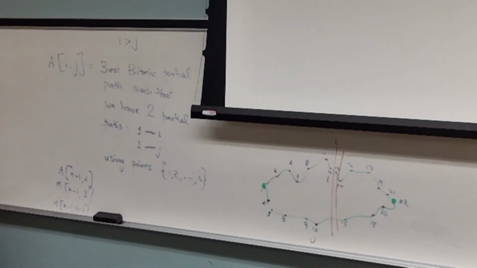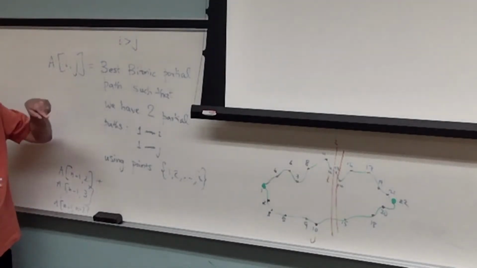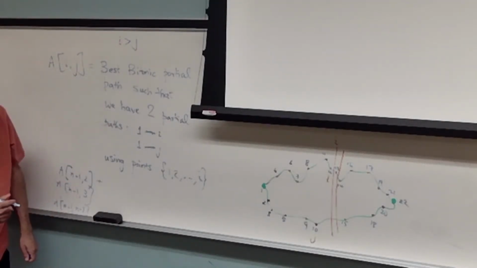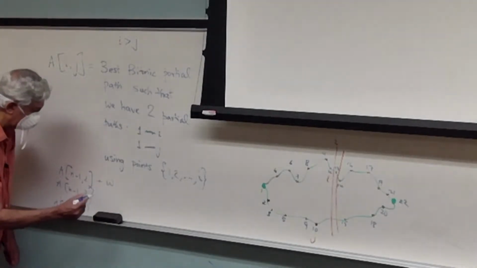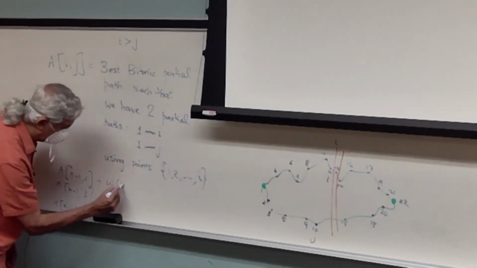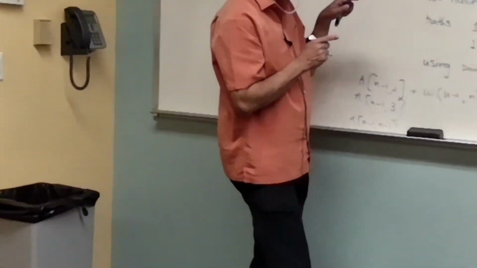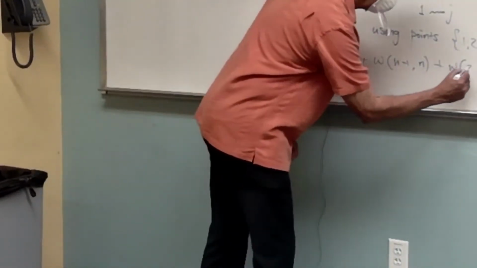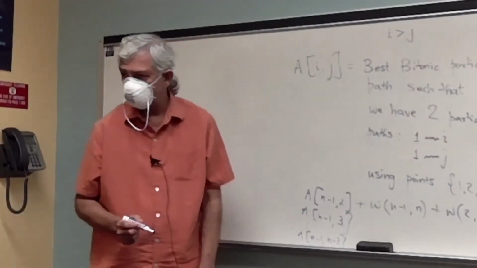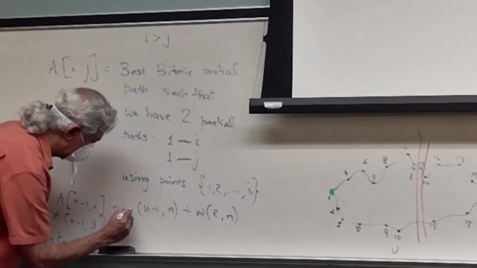And what's the final answer? If this is the best that I want to choose, then I have to connect the two ends back to the last guy, right? So it's going to be plus the distance from n minus 1 to n, and the distance from 2 to n.